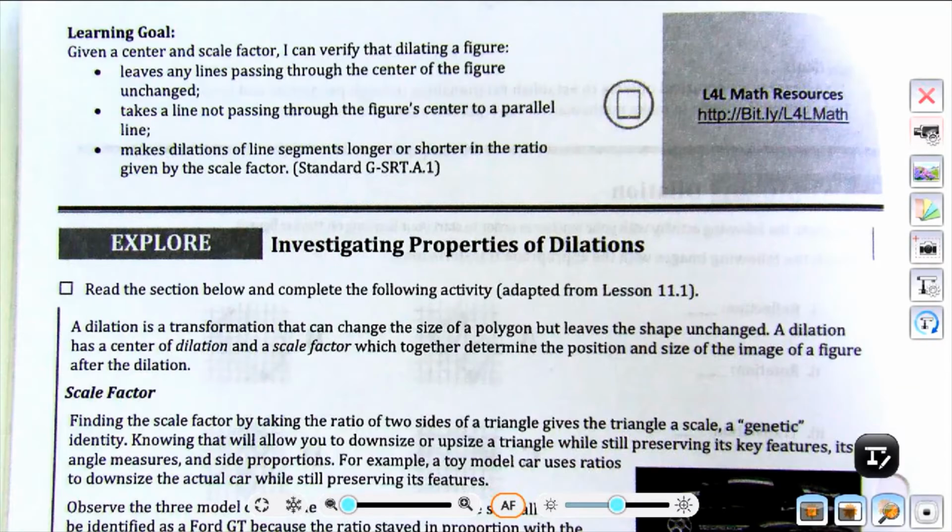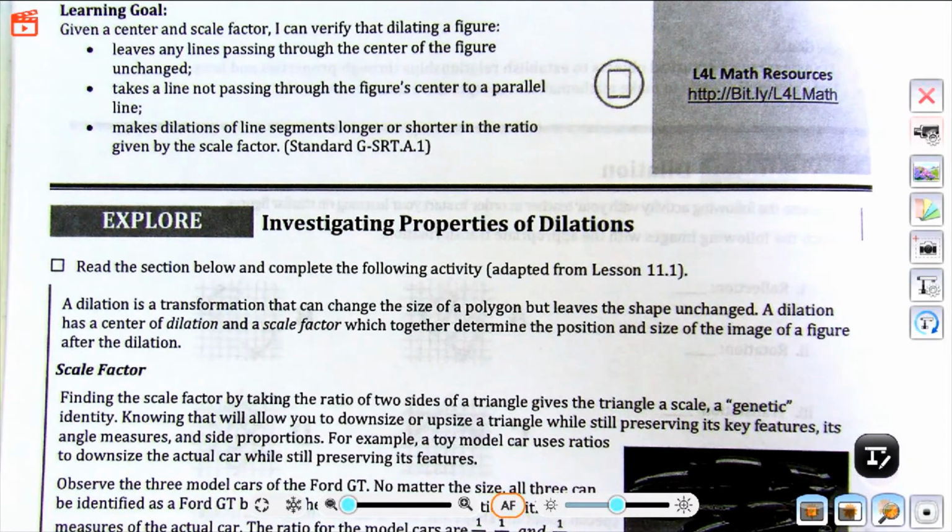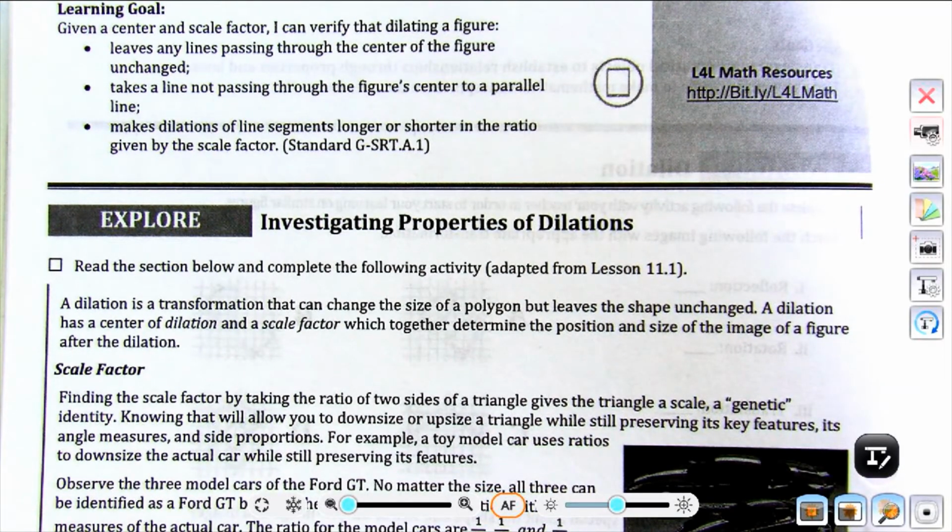There's a couple of terms that we need to know before we start. The first one is, what is a dilation? A dilation is a transformation that can change the size of a polygon but leaves the shape unchanged. So a dilation changes the size, either makes an object bigger or smaller.